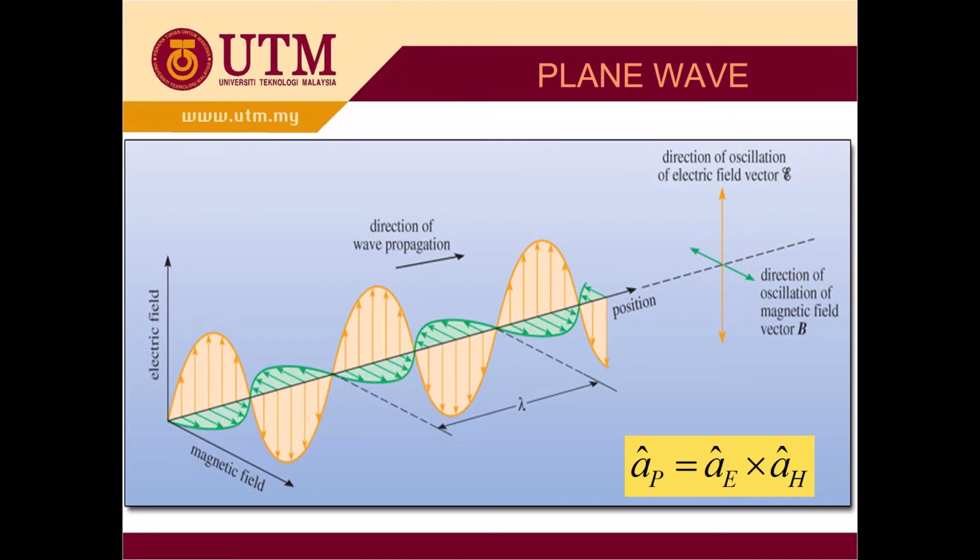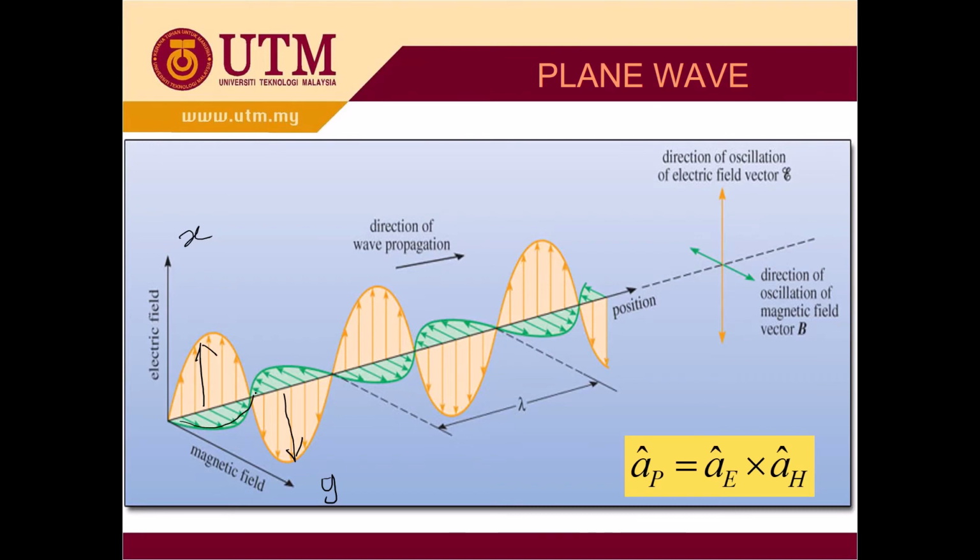It consists of an electric field and a magnetic field propagating in the same direction as shown in the figure. Let's say we set the E field to be in the x direction. You can see that the E field oscillates up and down along the x axis, right? And the magnetic field, if it is a y component, oscillates around positive y and negative y.